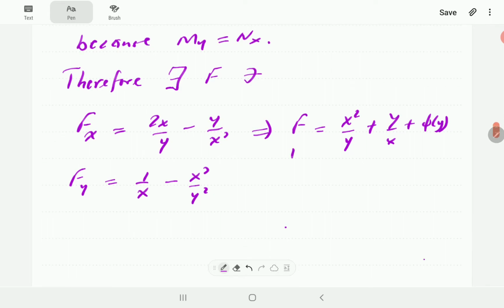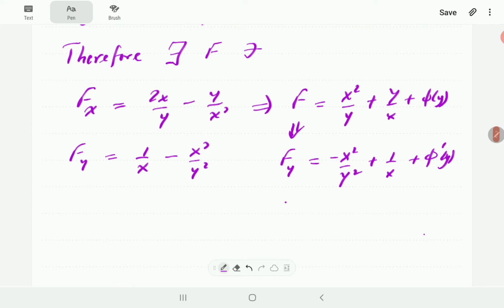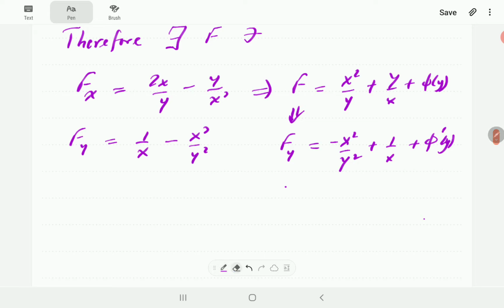Okay. Then if we differentiate this now partially with respect to y, the first term is going to give us negative x squared over y squared. The second term is going to give us 1 over x, and then this is going to be plus the derivative of phi.